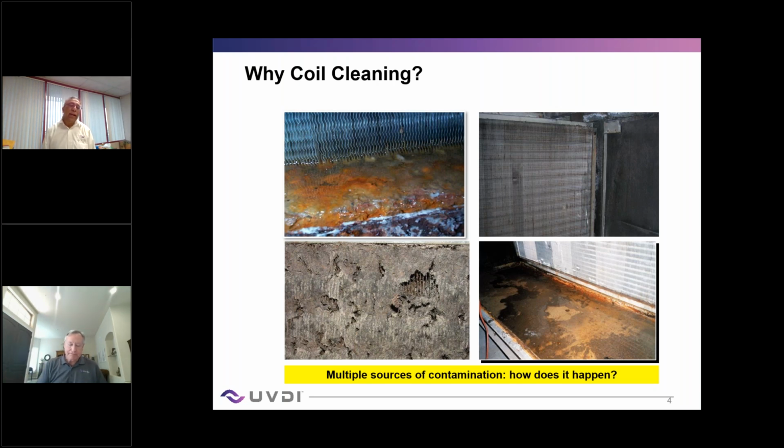The coil now starts acting as a filter, but then it's a breeding ground for all these microorganisms to grow on it. Of course, the water and the temperature conditions on the coil are ideally suited for that as well.